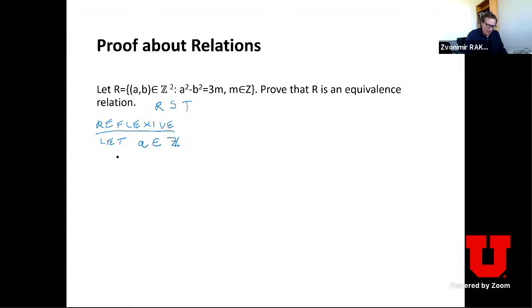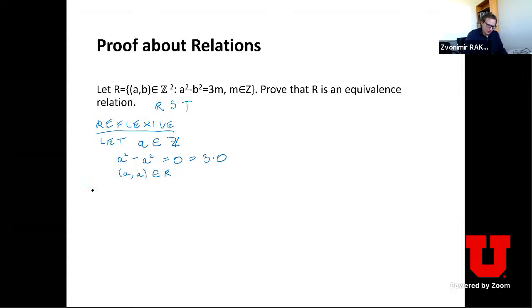So if we plug it in, we have A squared minus A squared, which is equal to 0, which is equal to 3 times 0. And because of that, A comma A is an element of R. So that finishes the reflexive proof.